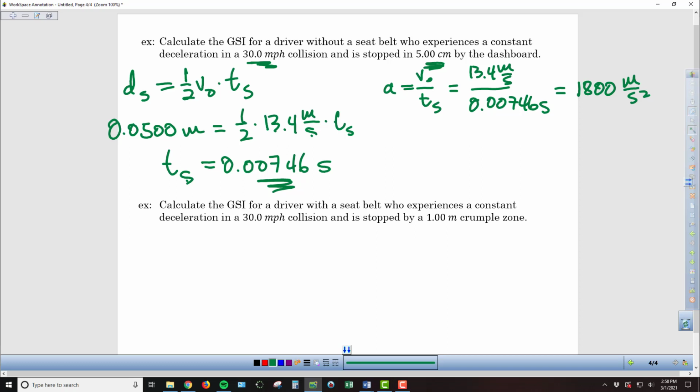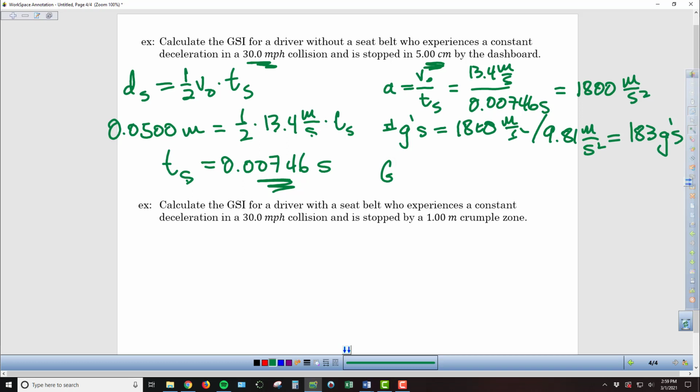Then we divide that 1,800 meters per second squared by 9.81 meters per second squared to get the number of Gs, and we end up with 183 Gs.